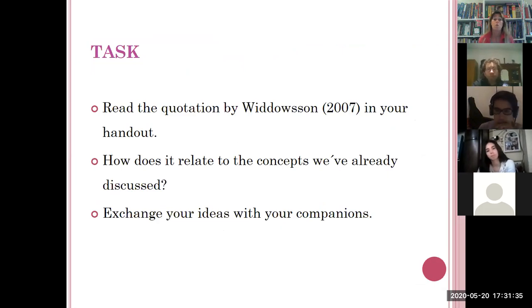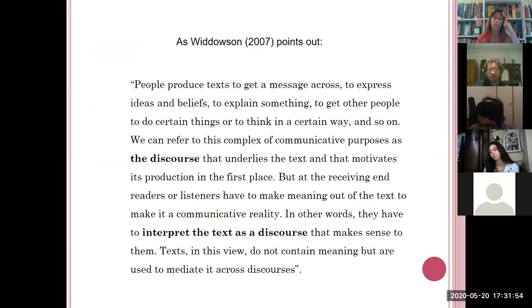No? Now, we needed to read the quotation by Whittleson that I included in our classroom, and try to relate this quotation with the concepts that we discussed. So the quotation that is here says, people produce texts to get a message across, to express ideas and beliefs, to explain something, to get other people to do certain things or to think in a certain way, and so on. So here, what do we have?